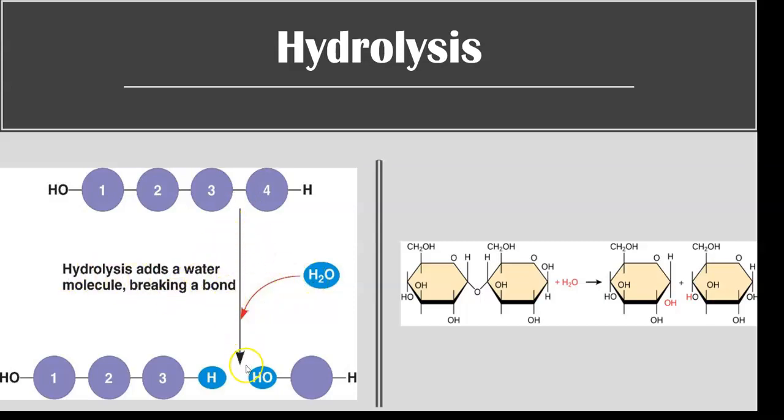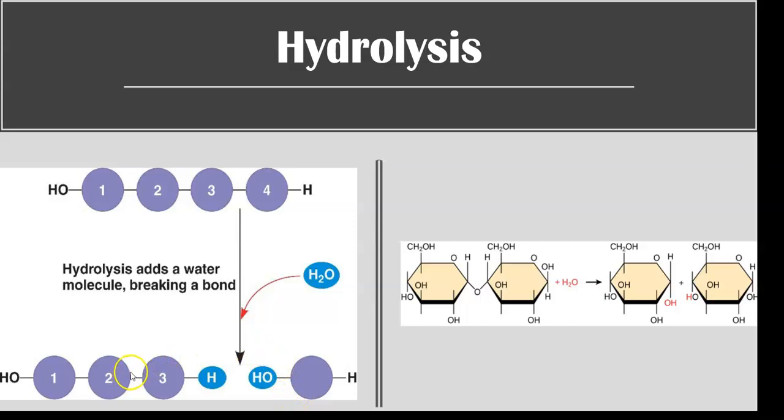So we see the water molecule coming in, and what's going to happen is we get hydroxyl that's going to bond to this monomer carbon skeleton here, and the hydrogen is going to bond here to monomer 3. So now we've broken the bond between monomer number 3 and monomer number 4. So now we have a 3-unit polymer and an unlinked monomer.